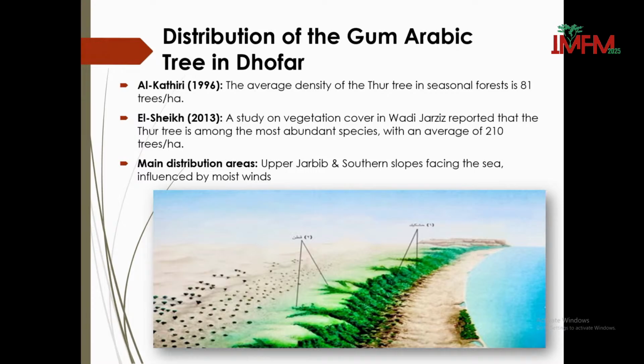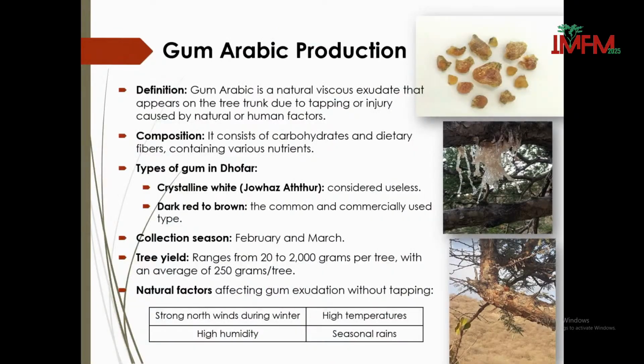Al-Kthiri said in his study that the average density of the Thur tree in seasonal forest is around 81 trees per hectare. Also, a sheikh said that when he did his study on Wadi Jarziz, he found around 210 trees per hectare. So that means there is a high number of trees in that area.